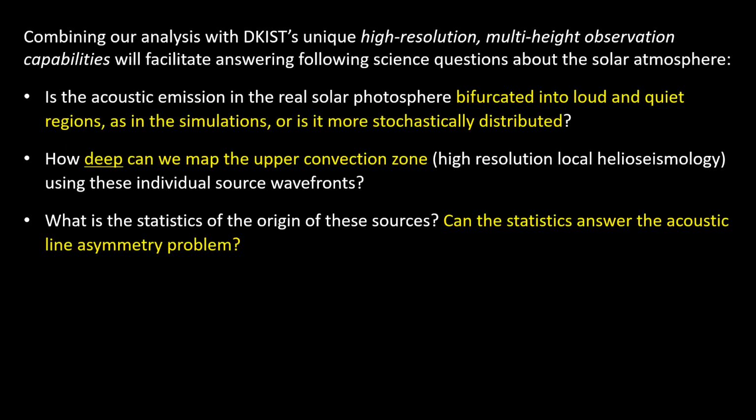That problem says that if you look at the ridges of the P mode, you will see that there is more power in the lower frequency compared to the higher one. So there is not much explanation, and there is some theoretical analysis that says that this must depend on the spatial distribution of the acoustic sources through height, right? So if we can find these individual sources, if we can develop their statistics, we should be able to answer that question too.